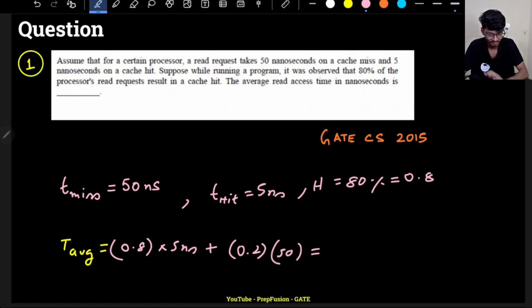So the simplest one, very simple question only. So this will be 0.8 into 5, so this is 4 nanoseconds, plus 0.2 into 50, that is 10 nanoseconds.